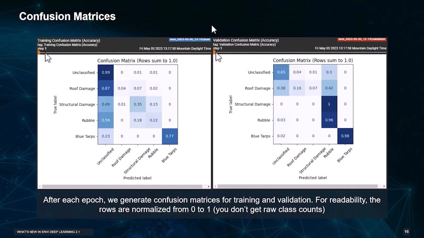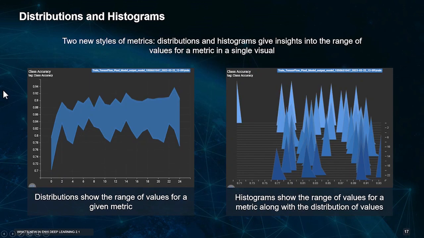All right, we have, I think, 1 or 2 more slides to talk about for metrics, and then we're going to pivot to some other features. One of the last things, and this is also a new addition to TensorBoard reporting here, is distributions and histograms. Distributions are shown on the left, histograms are shown on the right.